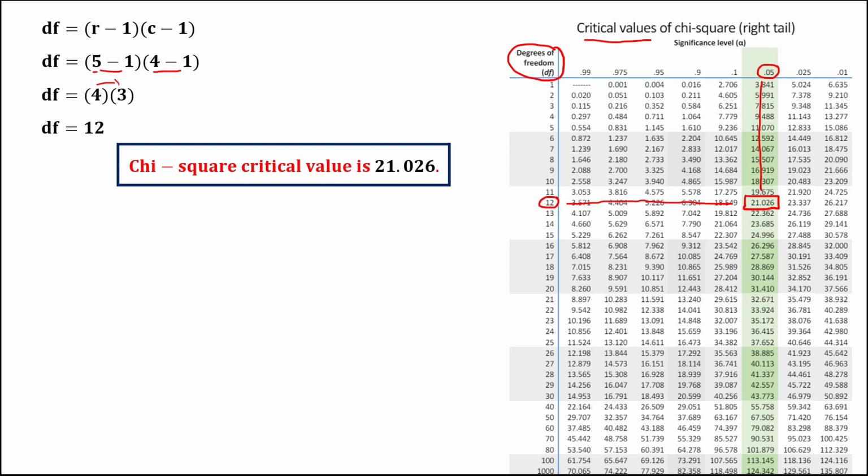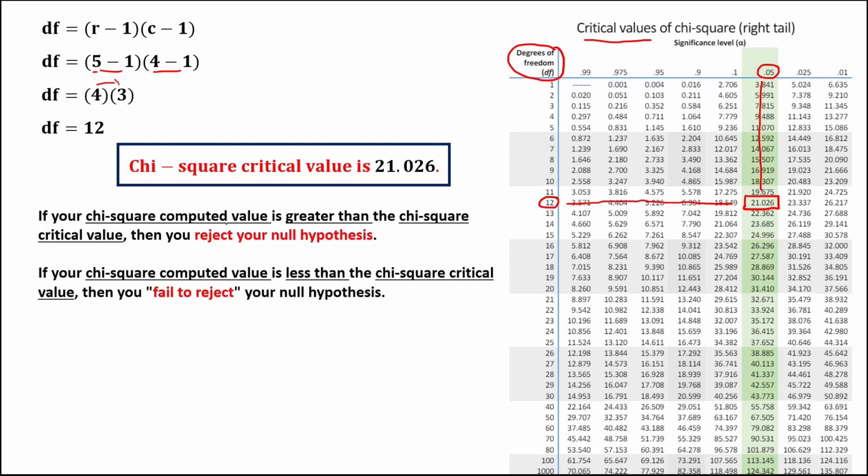These are the things you need to remember for the chi-square test: if the chi-square computed value is greater than the chi-square critical value, then you need to reject the null hypothesis. If the chi-square computed value is less than the chi-square critical value, then you need to accept or fail to reject the null hypothesis.